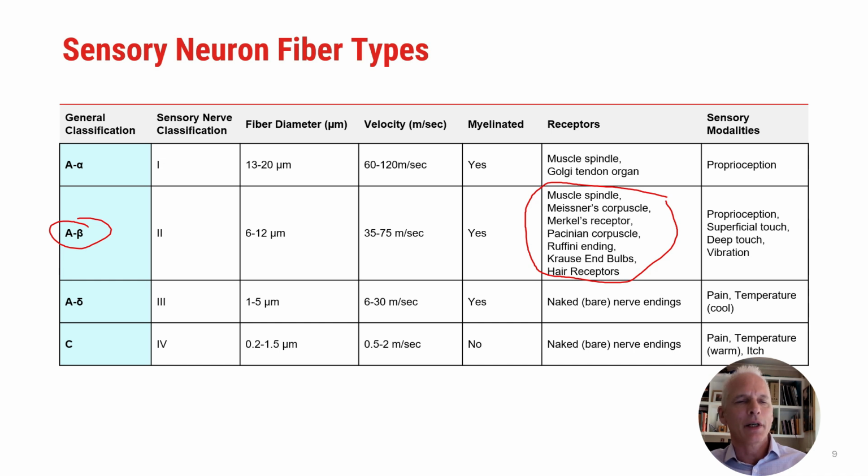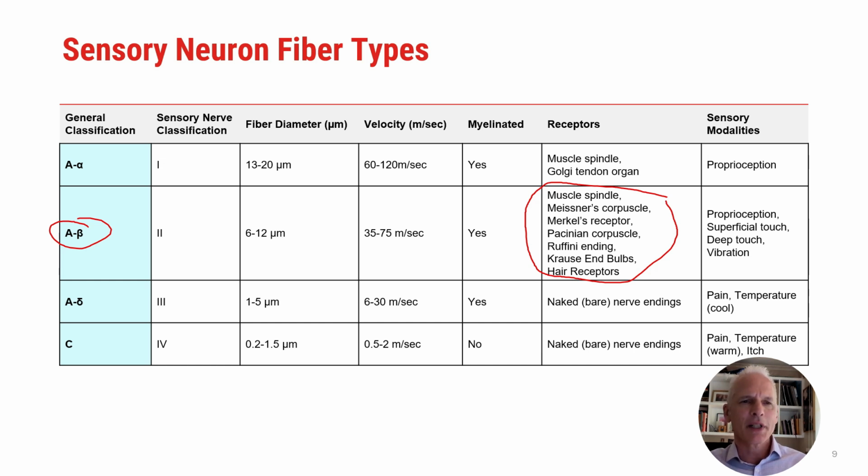Your muscle spindles provide information to the brain about the length of your muscle to ensure that you're providing adequate tension on your tendon, which is really important for walking and running and all body movement. Your Golgi tendon organs, let's just say they have a similar function. They're a little bit slower than the muscle spindles, but they're also important in muscle function.